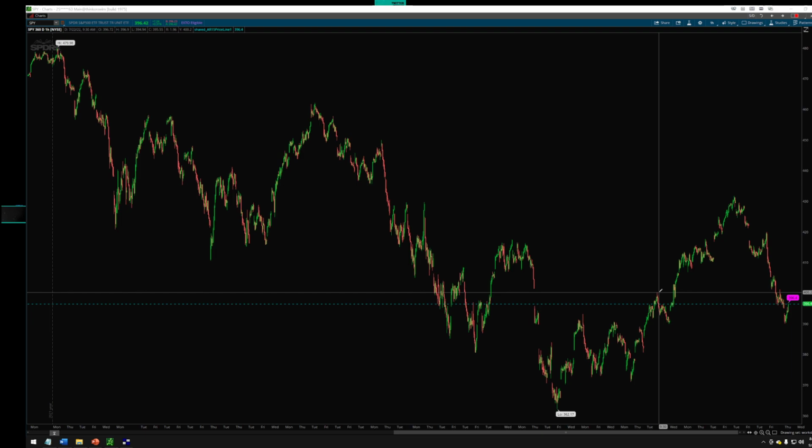I'm going to give you the fundamentals of how to draw it. Usually you can do this after hours or on weekends when you're charting.